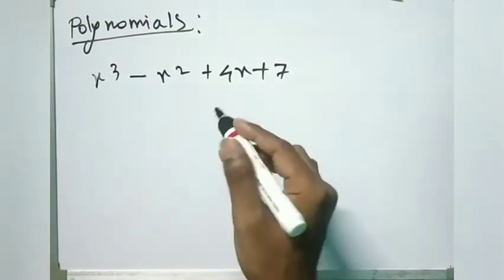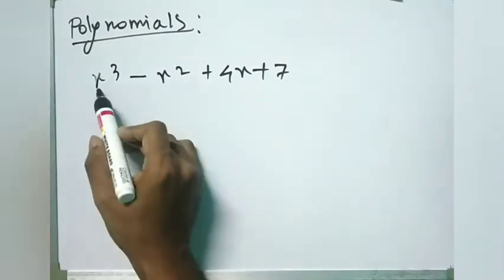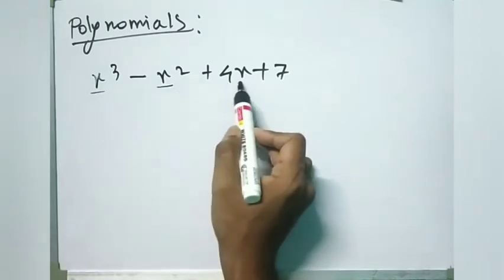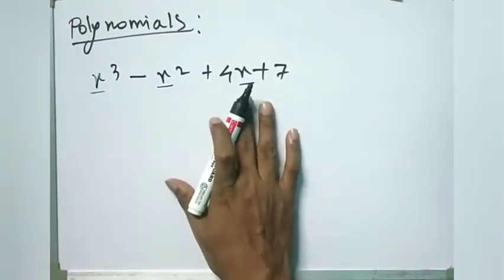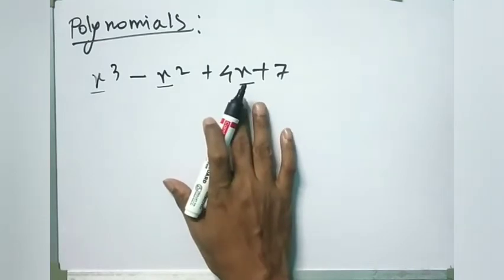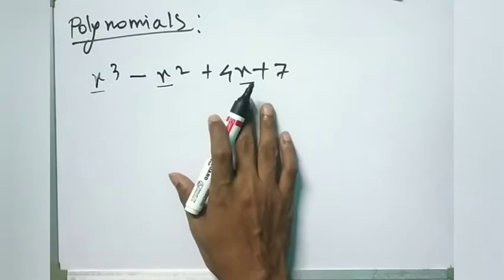It means in the expression we find only one variable. Here you can see the variable is x, meaning the value of x is not fixed. That's why this expression is called a polynomial in one variable.